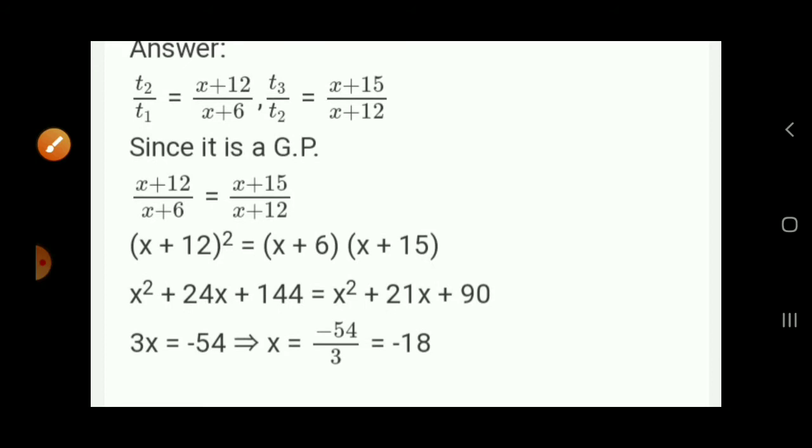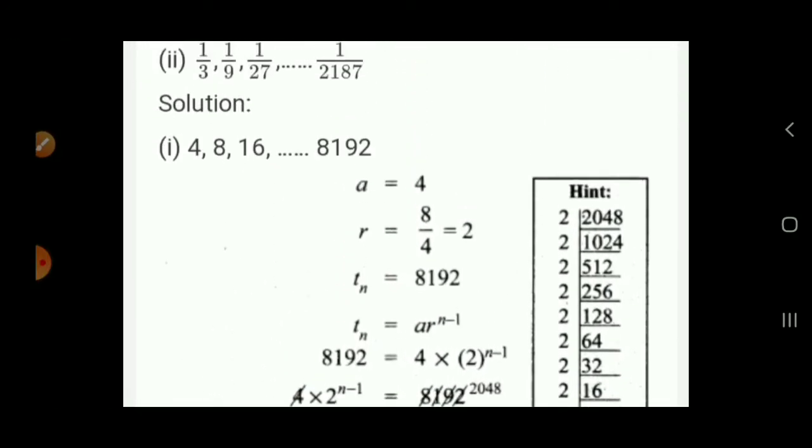Now we can see the fifth one. Question number 5: Find the number of terms, that is asking for n, in the following GP. Let's see the first one.